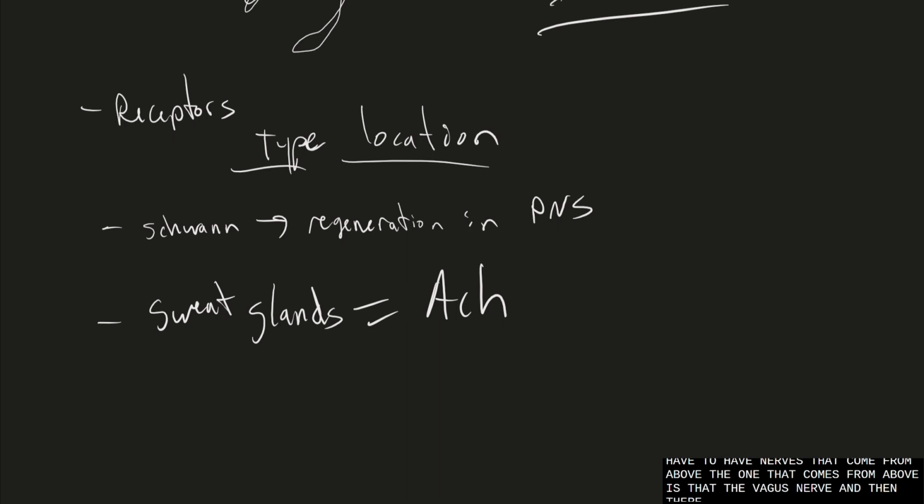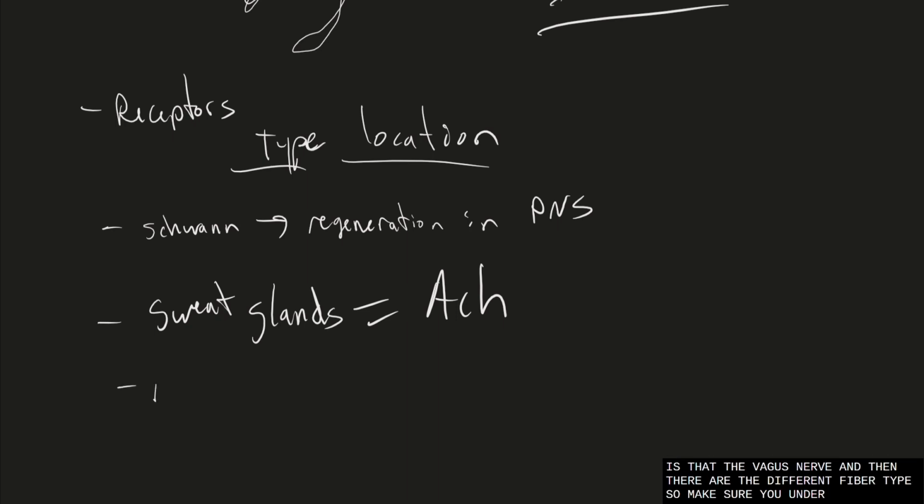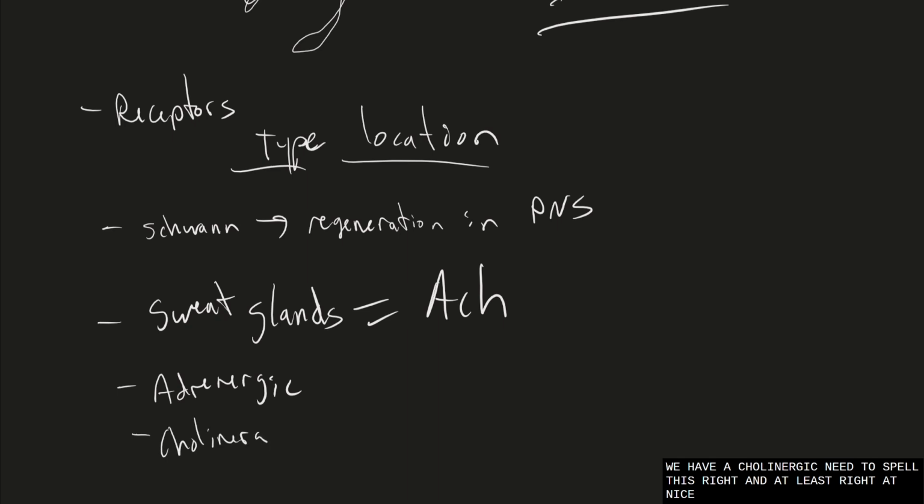And then there are the different fiber types, so make sure you understand what adrenergic is. Adrenergic means they release norepinephrine or epinephrine. Then we have cholinergic. Cholinergic releases acetylcholine.